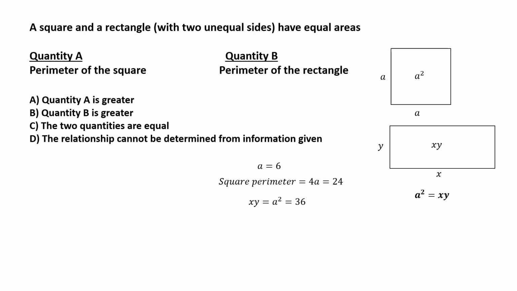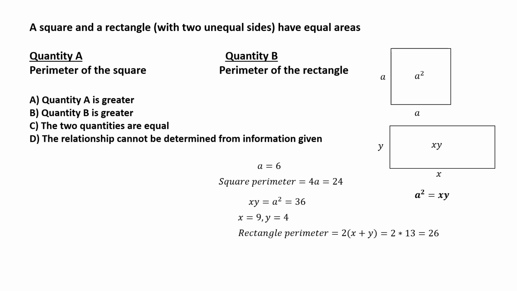And from this, we can pick values of x and y such that their product equals 36. I'll go again with very simple integer values for x and y. Let's pick x equal to 9 and y equal to 4. And the perimeter of the rectangle will be 2 times x plus y. And in this particular set of values for x and y that I have taken, x plus y is 9 plus 4, 13. So 2 times x plus y becomes 26.